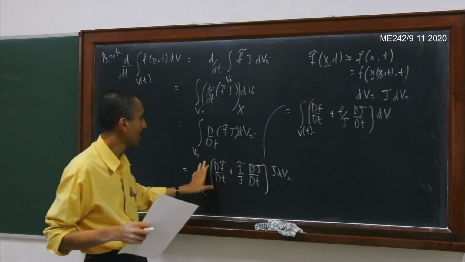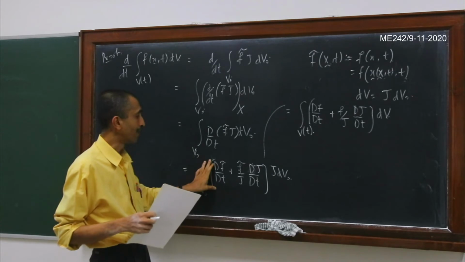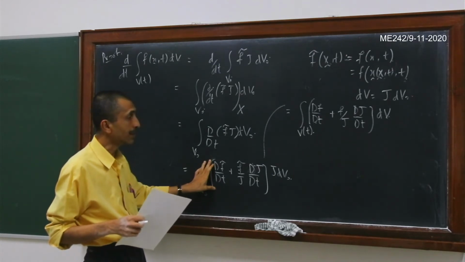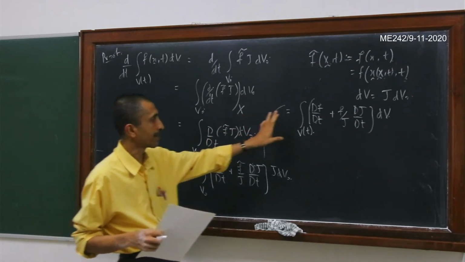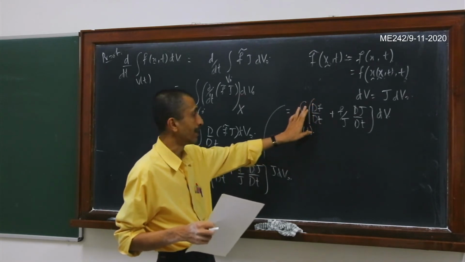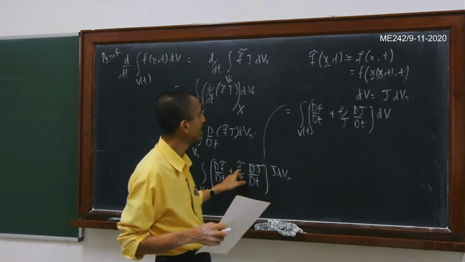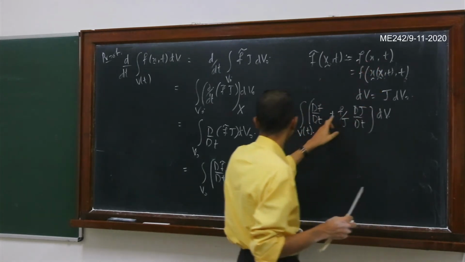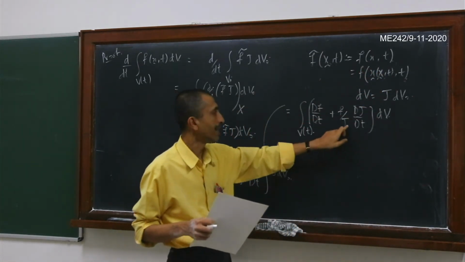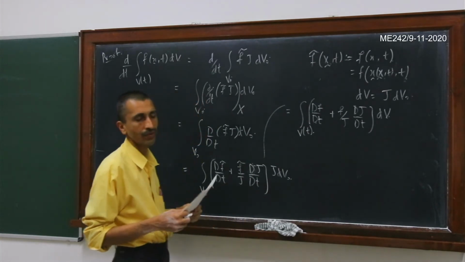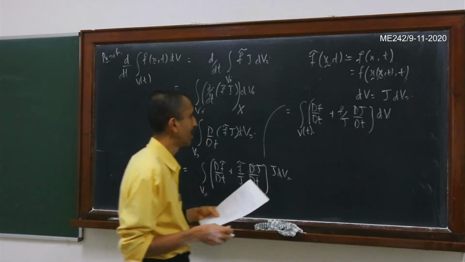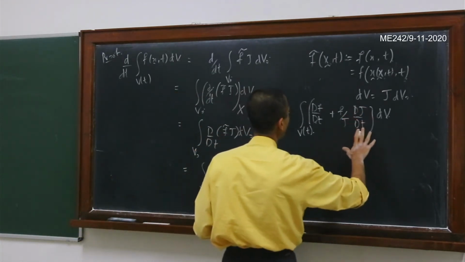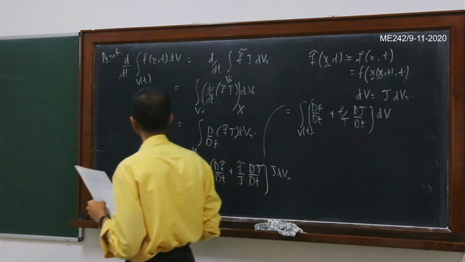The Lagrangian form of df tilde by dt was the Lagrangian material derivative; now I am simply expressing it as the Eulerian material derivative. As I said, f tilde is simply equal to f of x comma t, so I am replacing f tilde by f, and then 1 by j times dj by dt. Now we will replace 1 by j dj by dt by del dot v.